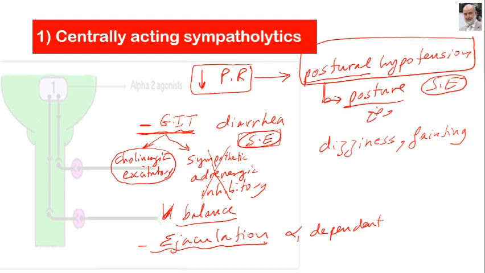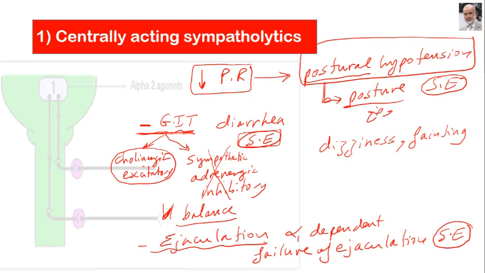Therefore, if we decrease the sympathetic activity, what will happen to ejaculation in males? Ejaculation will be inhibited. This is known as failure of ejaculation. Okay, this is a very, very bad side effect in males.